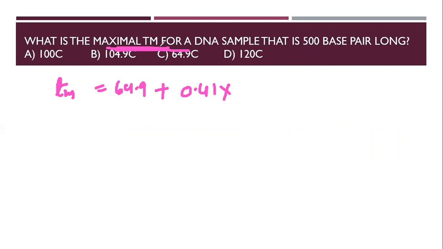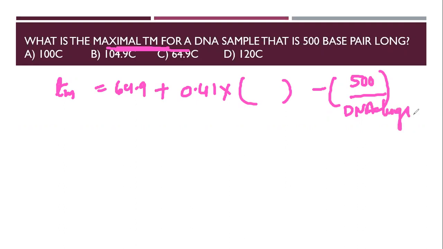What maximum percentage for GC can you use? It is going to be 100, right? Beyond 100% you cannot go.